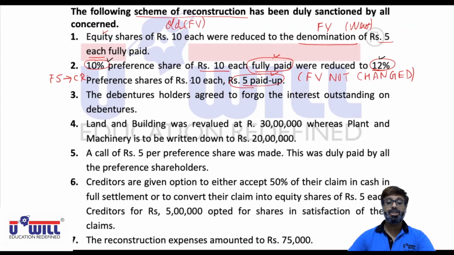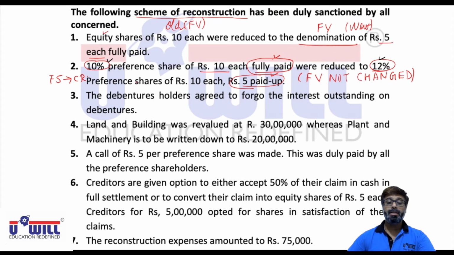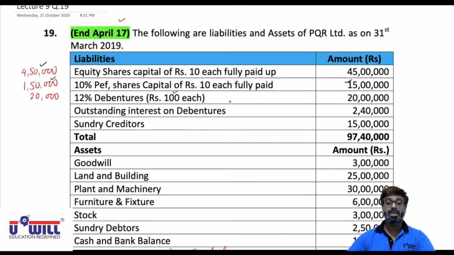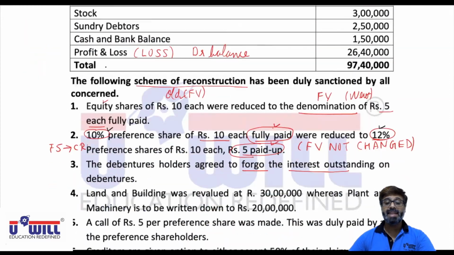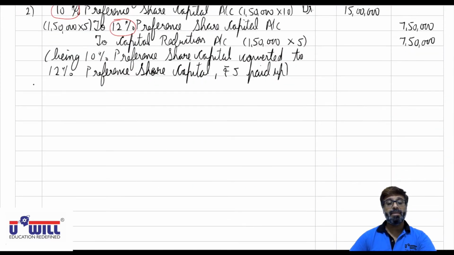Next, adjustment 3. The debenture holders agree to forego, means sacrifice, the interest outstanding on debentures. What is the interest outstanding on debentures? 2,40,000. They have sacrificed it, means straight away it will be transferred to capital reduction.